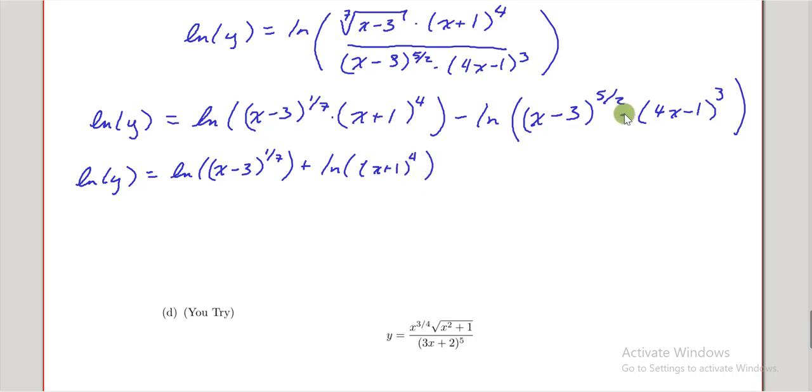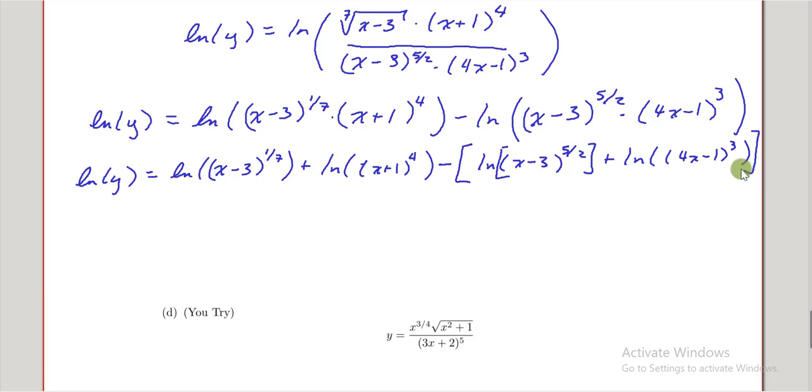And then here again, we've got another product in here that we can separate with addition, but we've got to be careful. So I'm going to put minus, and I'm going to put a big old bracket there, minus the natural log of x minus 3 to the 5/2 inside of that natural log, plus the natural log of 4x minus 1 to the 3rd power.